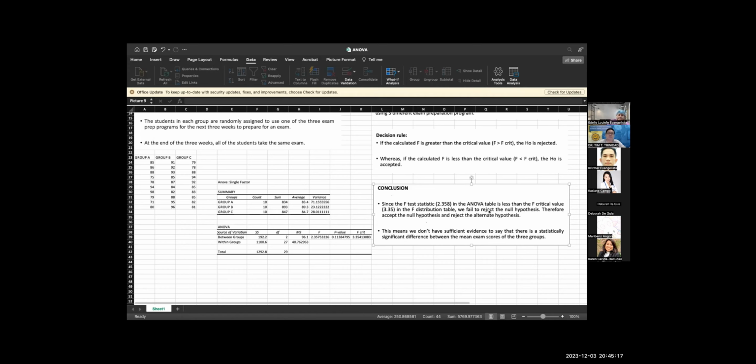Then we fail to reject the null hypothesis. Therefore, accept the null hypothesis and reject the alternative hypothesis. This means that we don't have sufficient evidence to say that there is a statistically significant difference between the mean exam scores of the three groups.